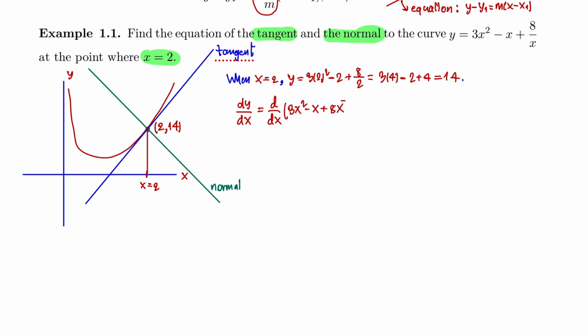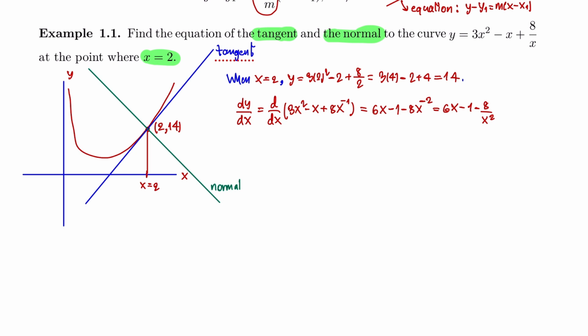So we find the derivative of this. It has to be 6x, since 2 times 3 is 6, and the exponent must be reduced by 1. So 6x minus 1 minus 8x raised to the minus 2. So it turns out to be 6x minus 1 minus 8 over x squared.